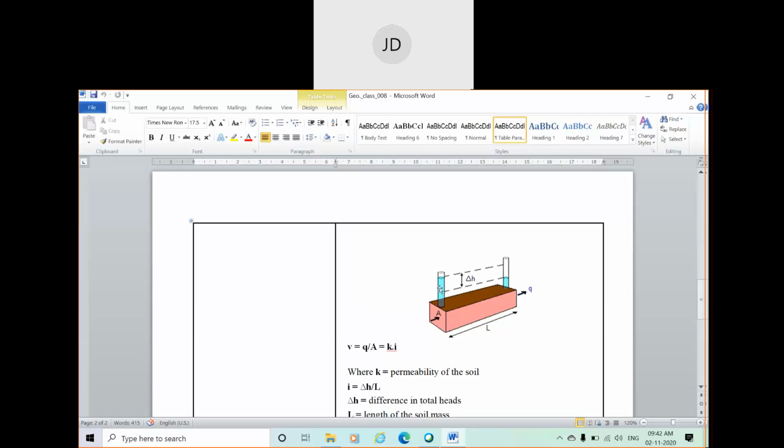Here you can see the water pressure is so high here, so water rises up to this level. And when the water flows out at this point, the water level is up to this level.